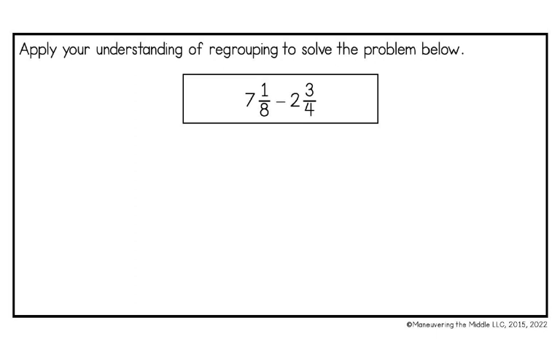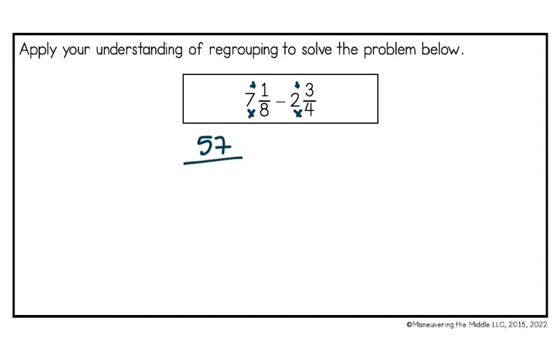All right, so our next example is 7 1/8 minus 2 3/4. So just like I did in the previous example, we're going to turn our mixed numbers into improper fractions. And I'm going to do that by multiplying the denominator and the whole number and then adding the numerator. And I'm going to do that on both sides. So 8 times 7 is 56, plus 1 is 57.